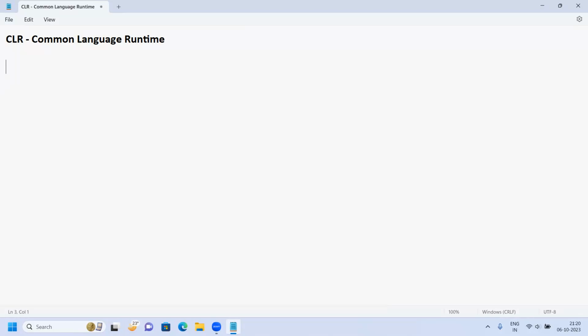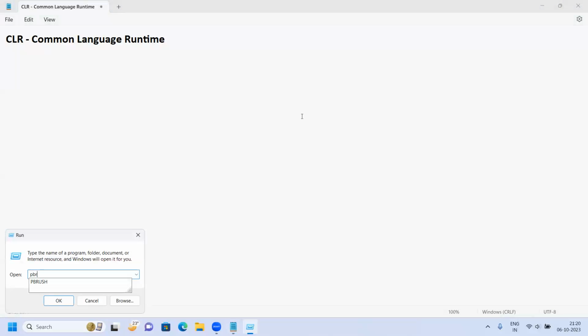For different operating systems, different CLRs are given to us. And what will CLR do? CLR always manages just what? CIL code.